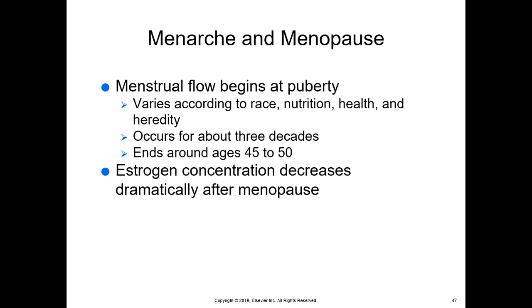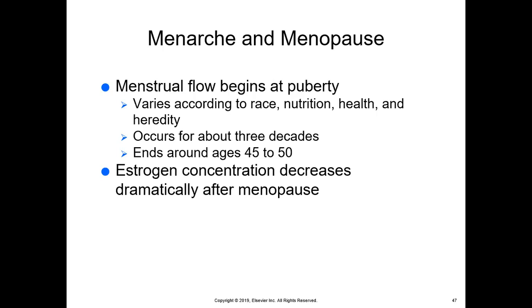Sometimes they have enough hormones to actually cause menstrual flow. They can still get pregnant during menopause because the egg, if it's fertilized, could potentially get implanted, but the menstrual flow is sporadic. And then when you get to the place where you don't have a menstrual flow for a year, then you're considered postmenopausal.